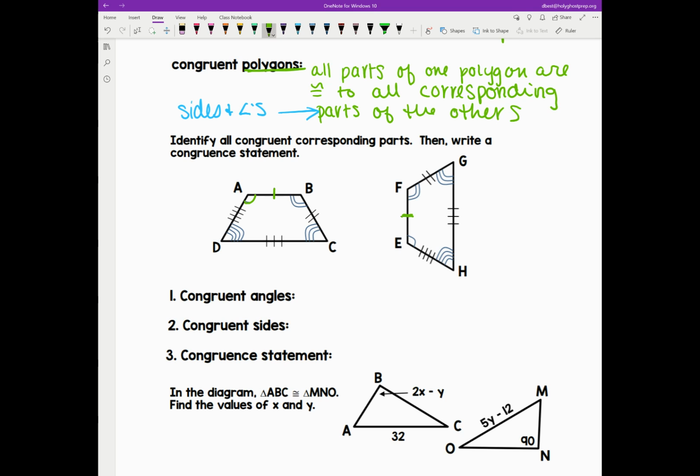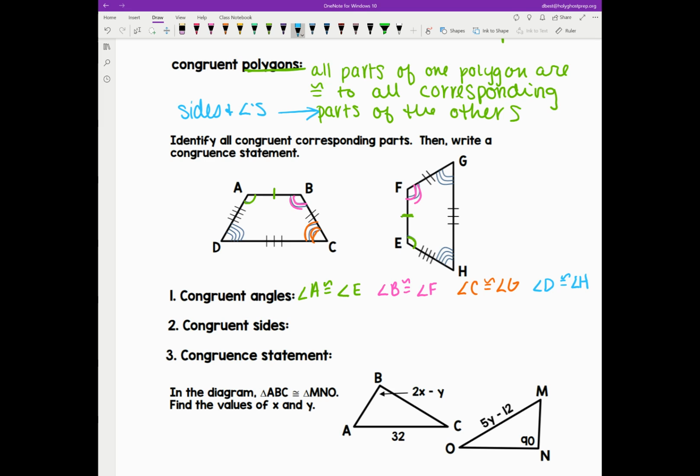For example, angle A is congruent to angle E, and you're looking for the number of arches that match. Then angle B is congruent to angle F, angle C and angle G, which leaves angle D and angle H.